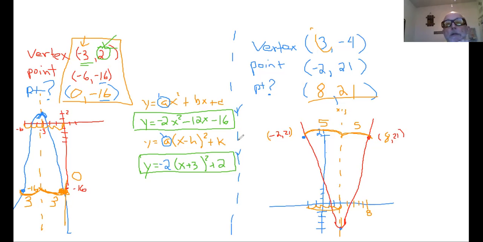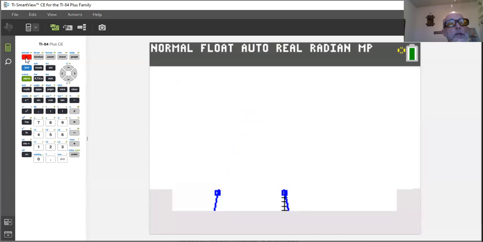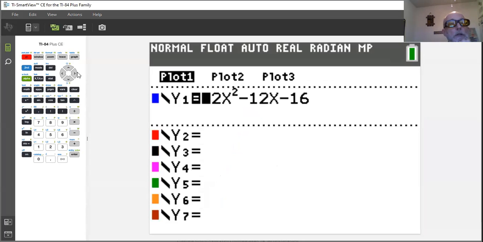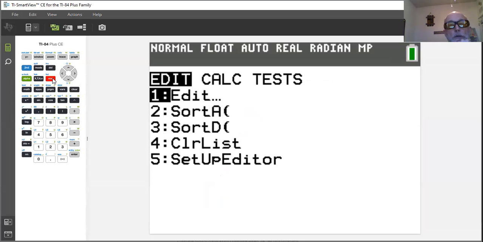So I need to stop sharing this screen and go to the calculator screen and do it again. Okay, so I got a parabola in there. I don't want it. I've got to clean it out. So I'm going to clear this guy out. Clear, clear, clear. And then I also have points in my stat plot that I don't want.